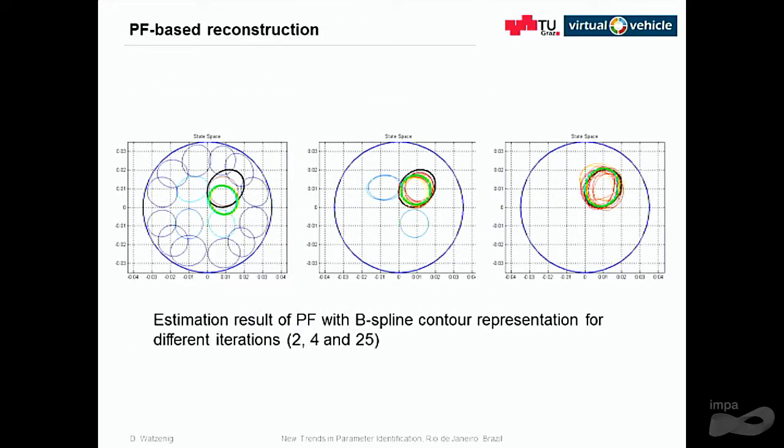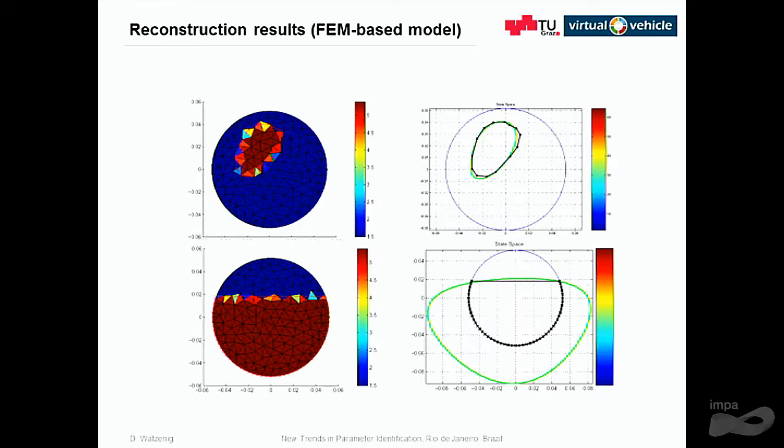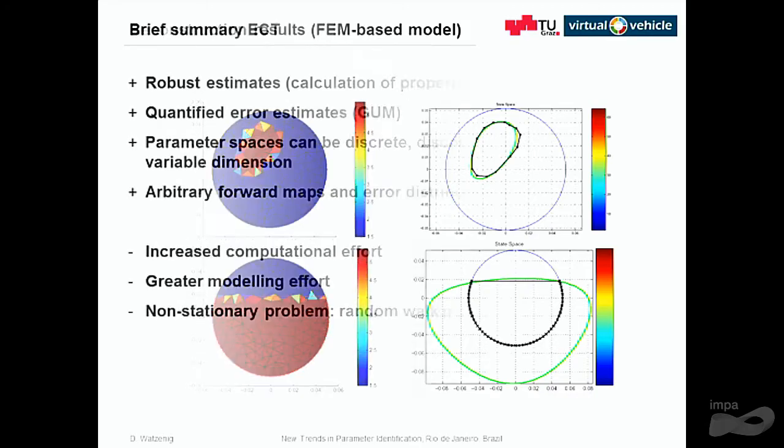You spread the particles somewhere, and hopefully, if everything runs well, you collapse or converge to the right shape and the right position, and also given some variance in the result, the posterior variability, which you can also use, like shown here, for fill level sensing. So the particle filter is quite a nice thing, especially when you have nonlinear problems, and you're not able to calculate the first derivative of your function.